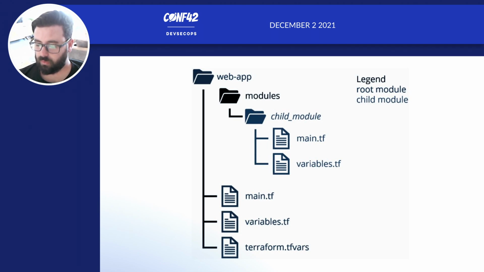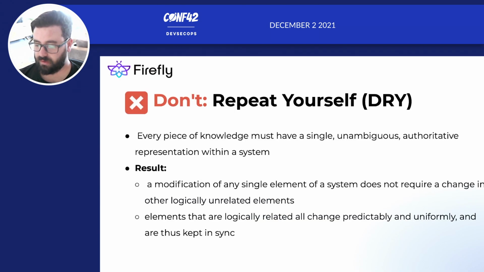But if you would like to have smaller pieces and reuse them in a few separate use cases, you just create a directory called modules, and then you can even create a child module inside. A child module can be the networking piece or the storage piece, everything that you can reuse in other projects.